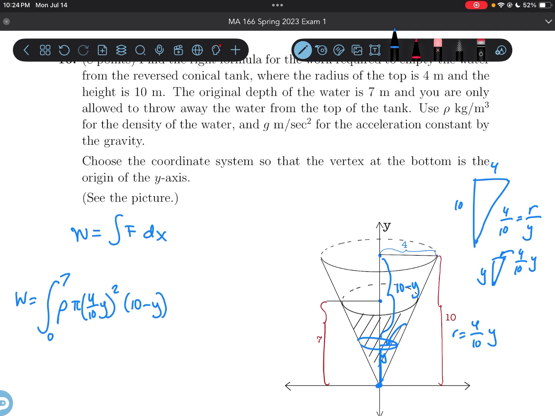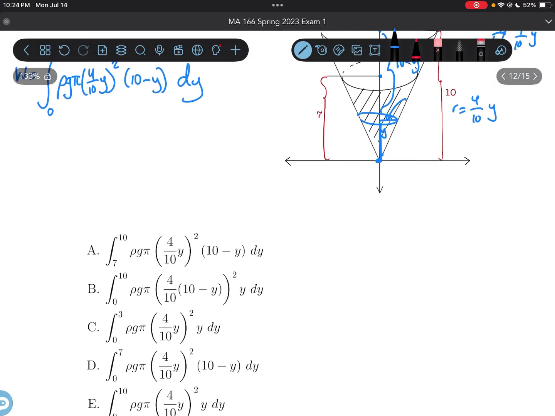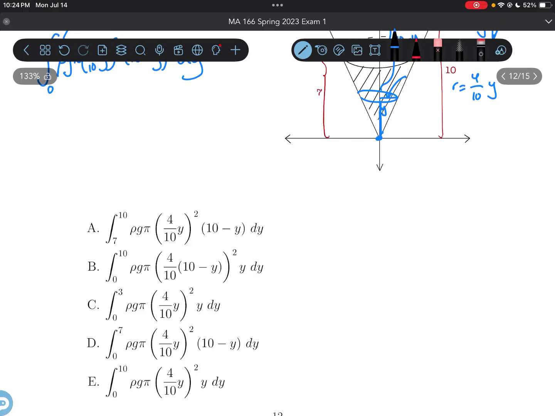And lastly, we need to account for the force, so we multiply by g. And you add a dy at the end. So the final expression for work is rho times g times pi times 4 over 10 y squared times 10 minus y times dy. So that means the answer to the question is D.